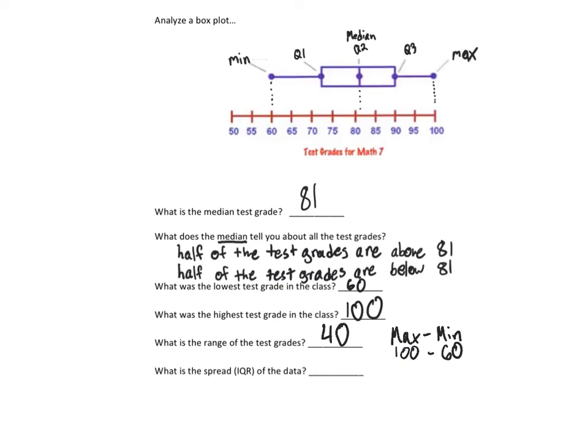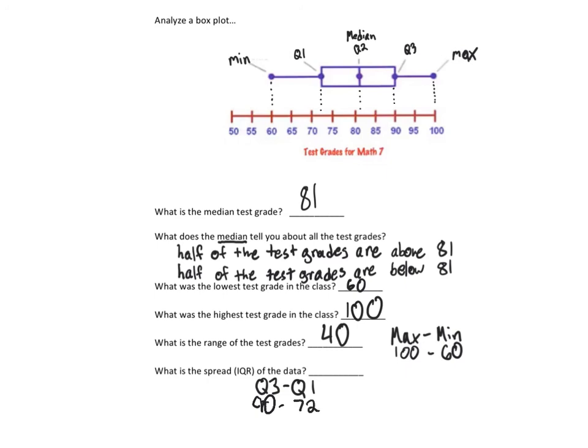And the last one, the IQR. We learned that the IQR really just means Q3 minus Q1. Again, Q3 is the farthest part of the box. Q1 is the lowest part of the box. We are just taking the highest part, which is right here, 90. We are subtracting by the lowest part of the box. Let's say that's 72.